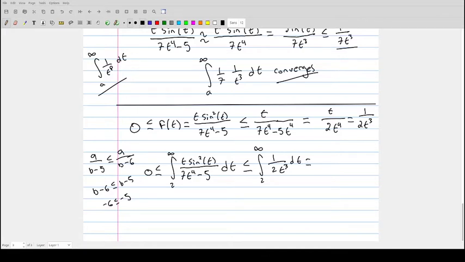Which itself is equal to the limit as b goes to infinity of 1/2 times the antiderivative of 1 over t cubed, which is 1 over negative 3 plus 1. So it's 1 over negative 2 times t to the negative 2, from 2 to b.